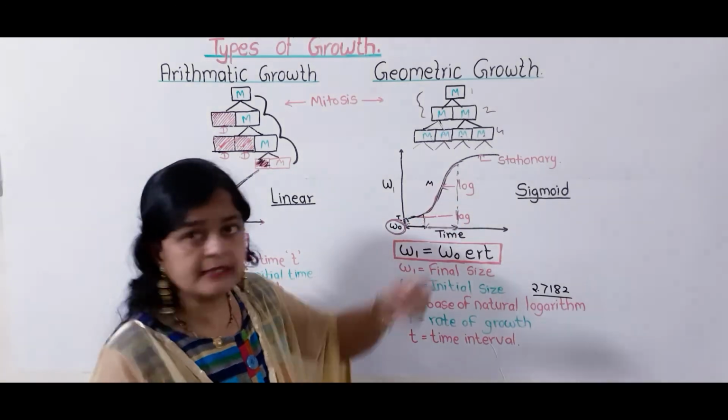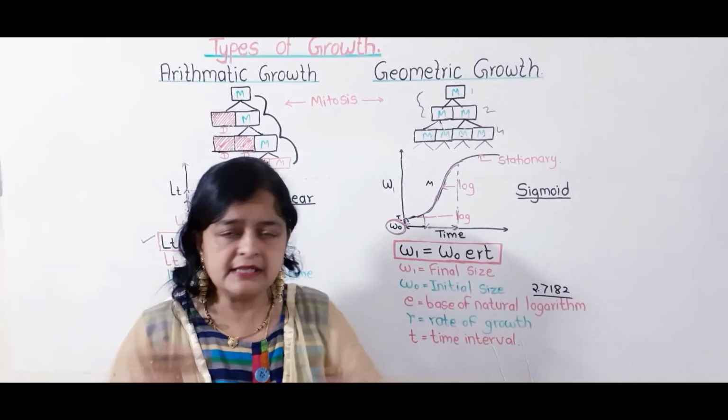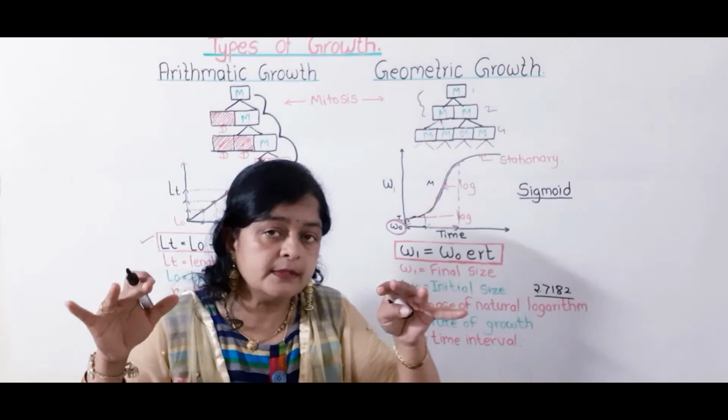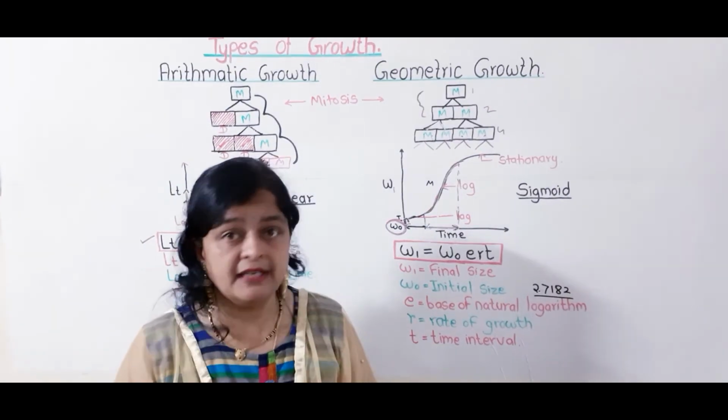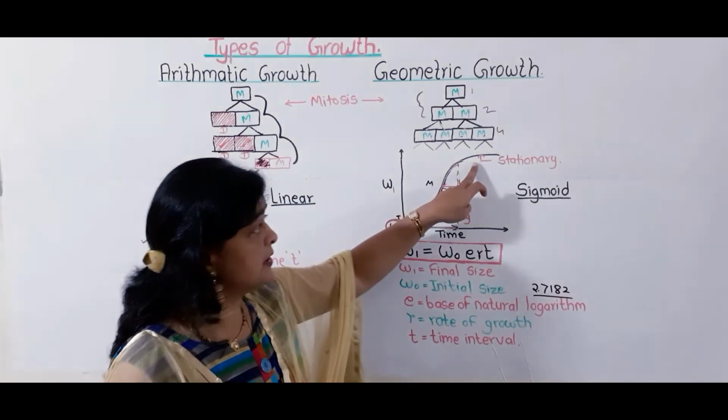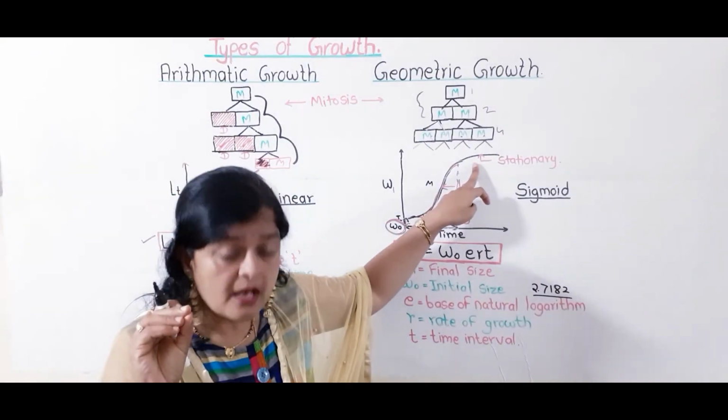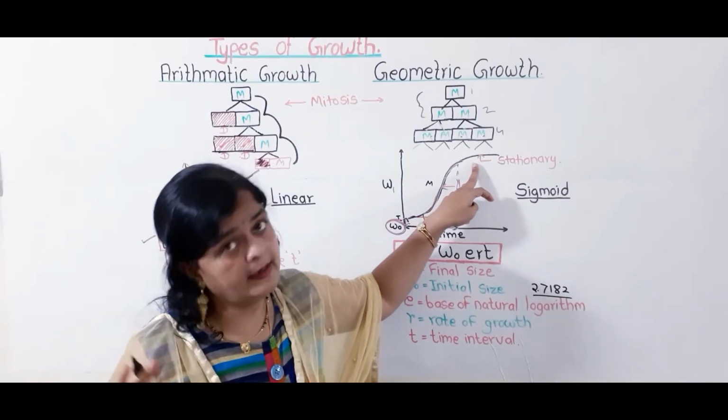Now, after a lot of division, many cells are formed, and one stage comes when the growth of all the cells becomes steady or stationary. Here a little bit of cell division will take place, but maximum cells will become differentiated.